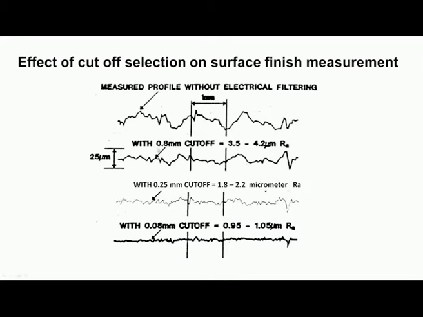But instead of selecting 0.8 millimeter cutoff, if we select a finer cutoff length of 0.25 millimeter, then the roughness value is 1.8 to 2.2 micrometer Ra. Similarly, if we go for an even finer cutoff length of 0.08 millimeter, then the Ra value obtained will be 0.95 to 1.05 micrometer. That means, if we change the cutoff length, the Ra value will also change.